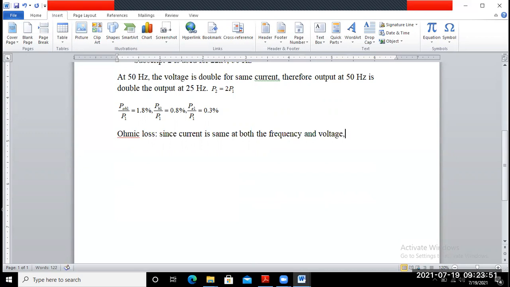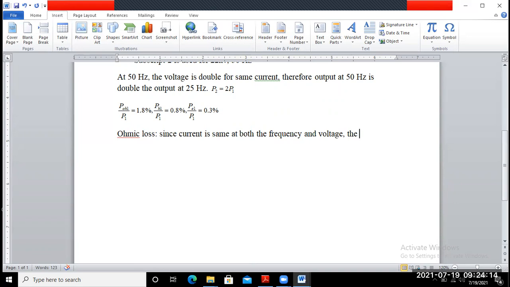Ohmic losses are directly proportional to the square of the current. So if the current is the same in both conditions, that means both the frequency and voltage, then the ohmic losses are also unchanged. Ohmic losses are the same in both cases.